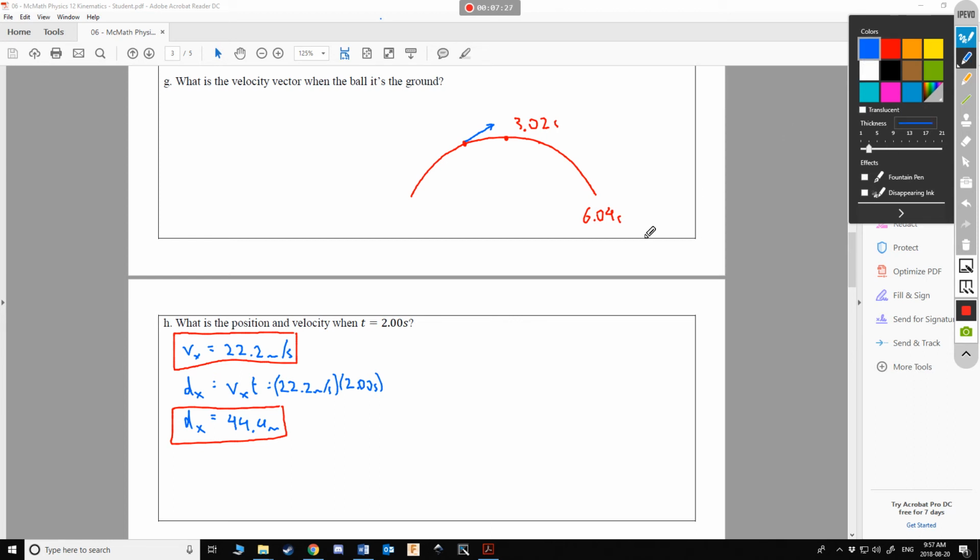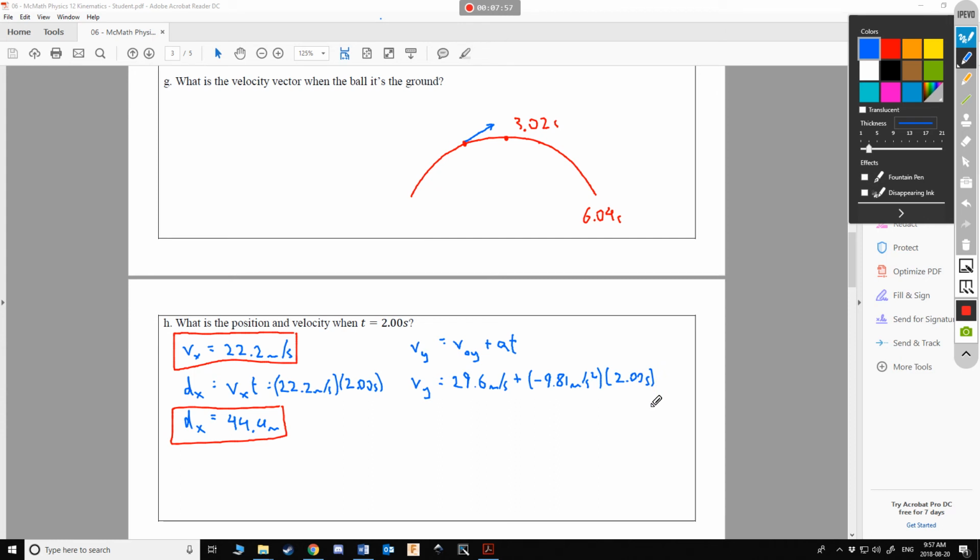Now in the y direction, you see that we can say Vy is equal to V0y plus a t. You can say Vy, we know our initial velocity was 29.6 meters per second in the y direction, plus negative 9.81 meters per second squared, and our time was 2.00 seconds.